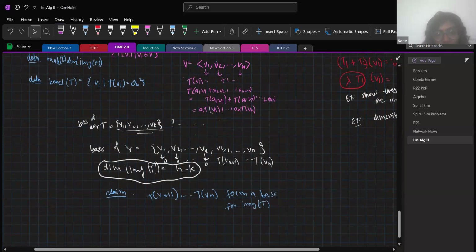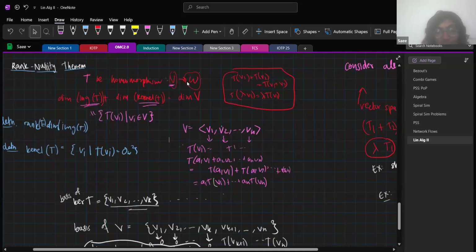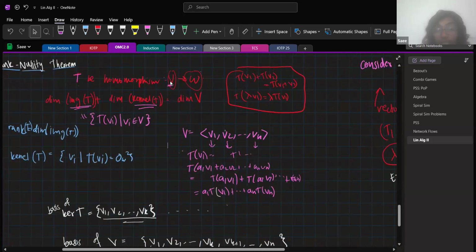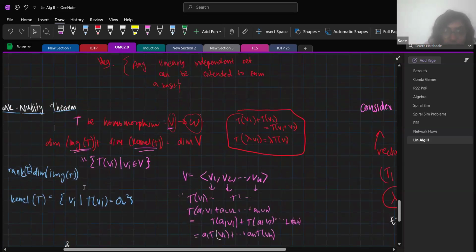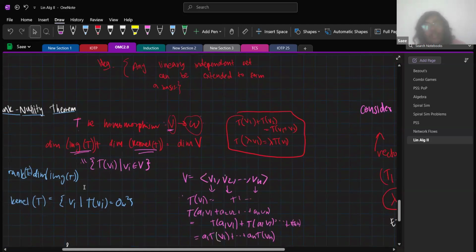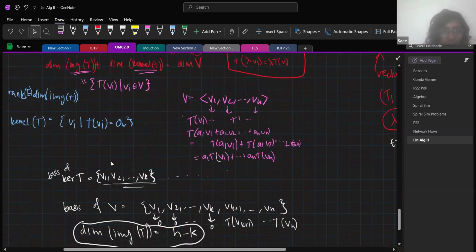Everything might not have a pre-image, and for that T would have to be an isomorphism, a bijection. Then only you can define an inverse. But this is not necessarily a bijection. In fact, if the kernel is non-trivial, then it is not, and you cannot inverse it.